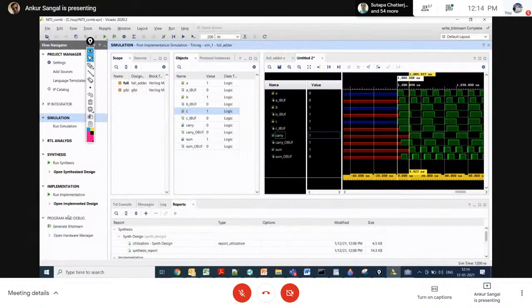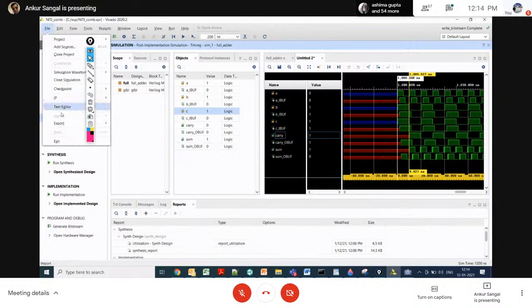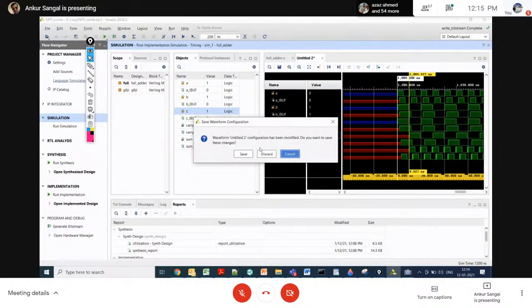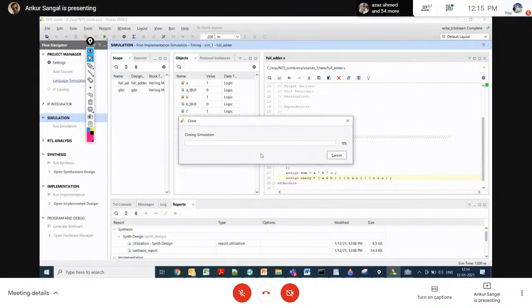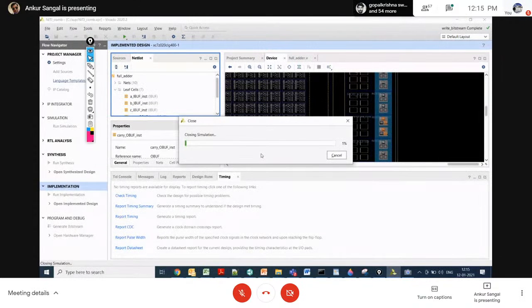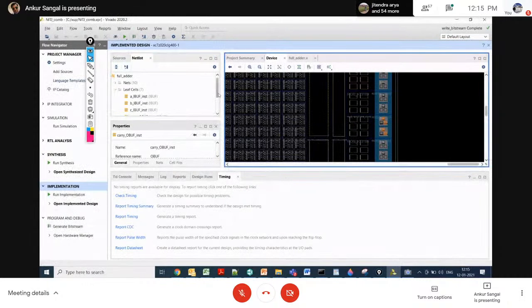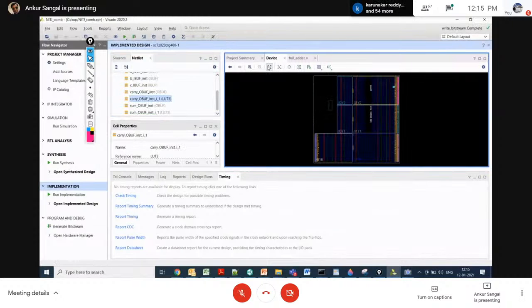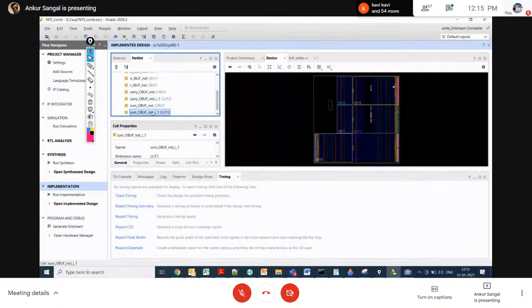Now you can go to File, close simulation. Now if you want to see the physical locations of the LUT, when you click on the LUT, it is automatically highlighted.